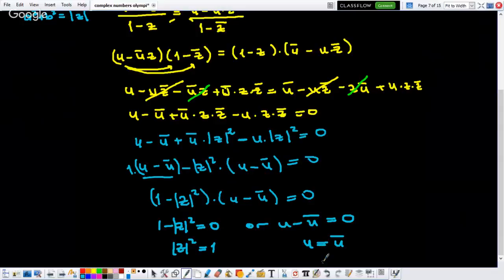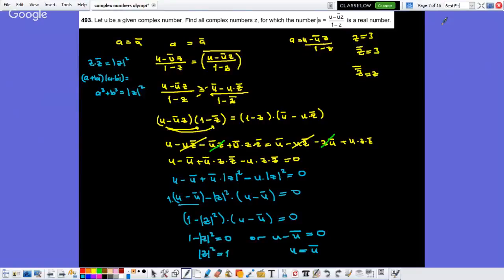The second is not possible, because if u is equal to u conjugate, it means that u is a real number, but u is not a real number. At the beginning of the question, it's given that u is a complex number.